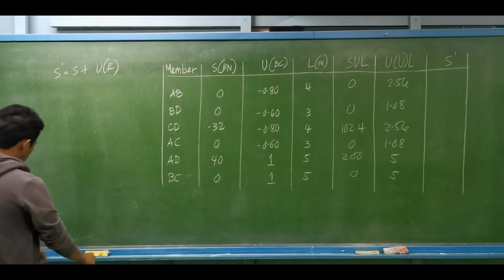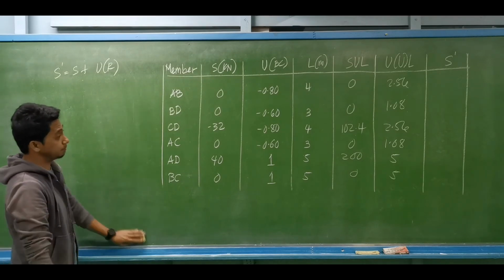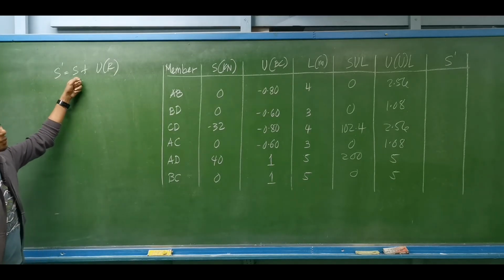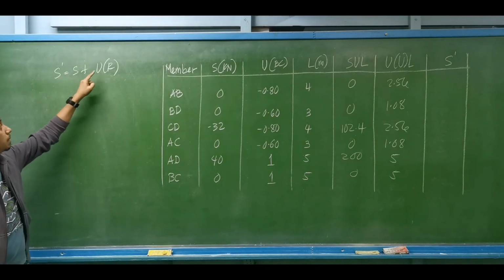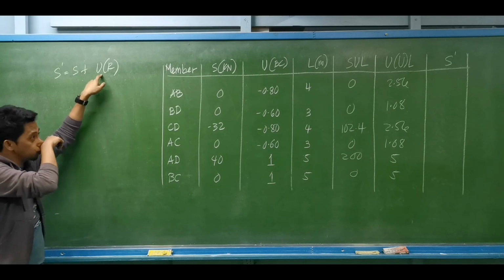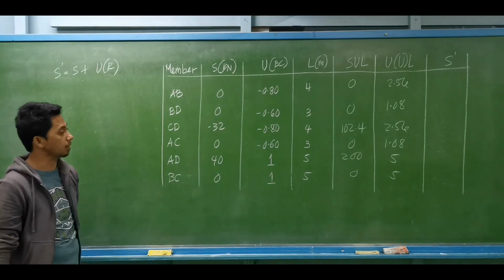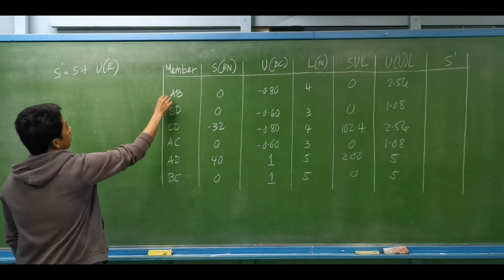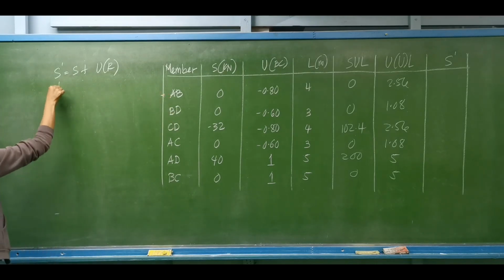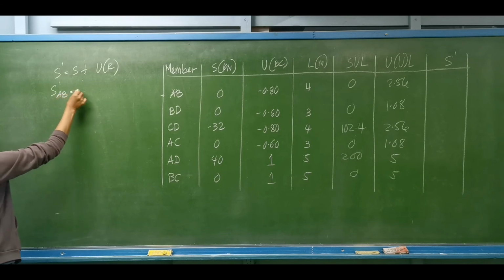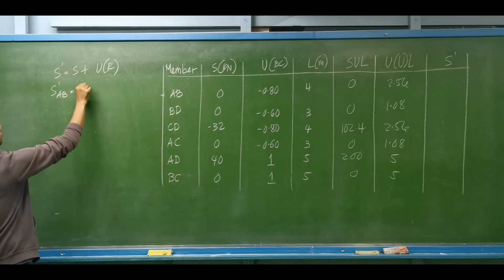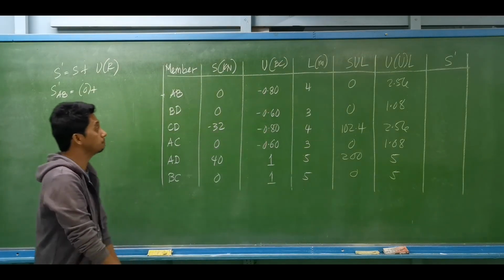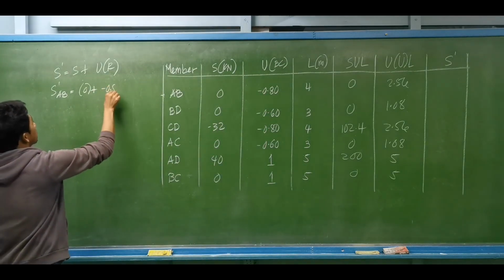Okay, so let's compute for the actual force of the other bar members. We have the equation: the actual bar force is equal to the actual force due to real load plus the actual force due to the unit load, multiplied by the redundant. First we have AB. The bar force is 0, plus the corresponding unit load, negative 0.80.